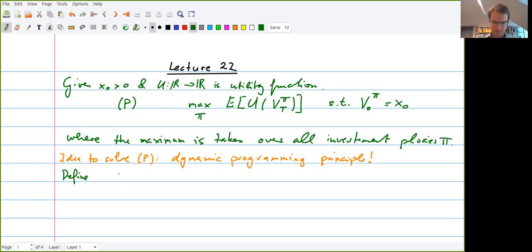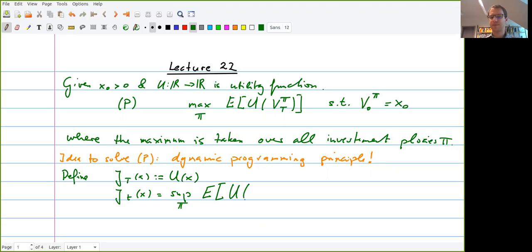So J_t at the terminal time is just our utility function, and at time t, it's the supremum over all investment policies, maximizing the expected utility our terminal wealth creates if we start trading at time t with the capital x. So this is where we finished last time.